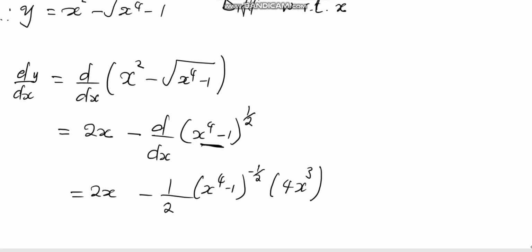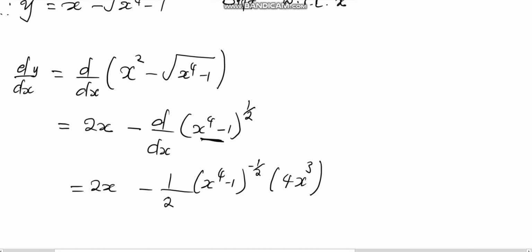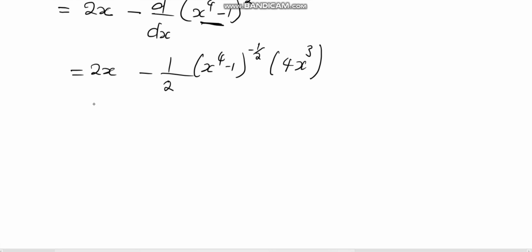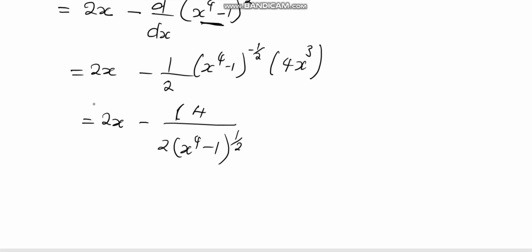So now, anything that has a negative exponent is supposed to be on the denominator there, so meaning that this term is simply going to be 2x minus 1 over 2x to the power 4 minus 1 to the power half, like this. Then we have our 4x to the power 3 like this here.